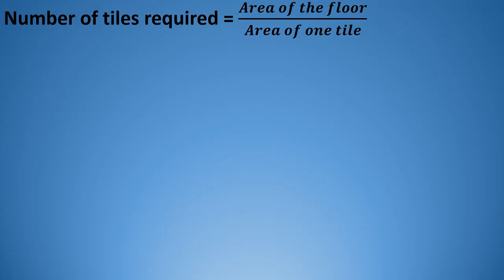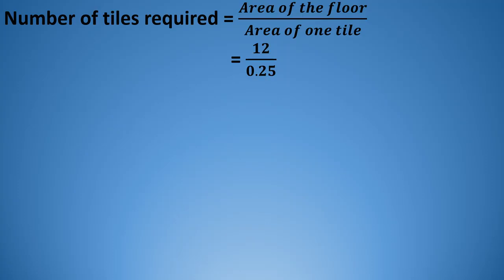Clear? The area of the floor that we have found earlier. What is the area of the floor? 12. And what is the area of one tile? It is 0.25. Okay. Now how will we do it? Remove the decimal from 0.25. After the decimal, how many digits are there? There are 2 digits.